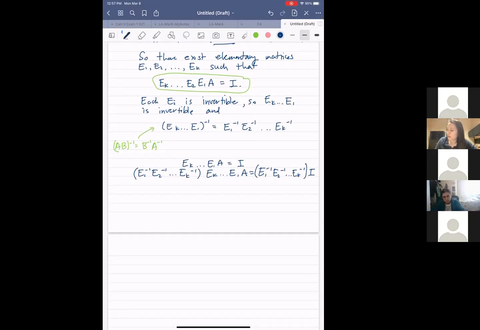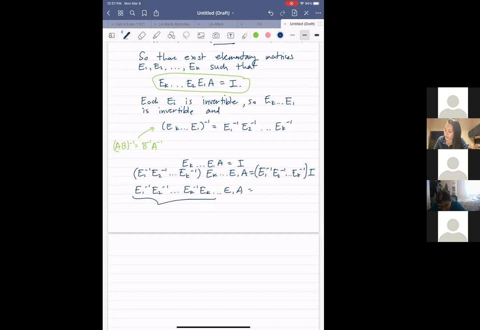Okay, now when we multiply this out, we can group these so that we first get EK inverse times EK, right? And those will go away. And then we group EK minus 1 inverse times EK minus 1. So essentially we get all of this collapsing.